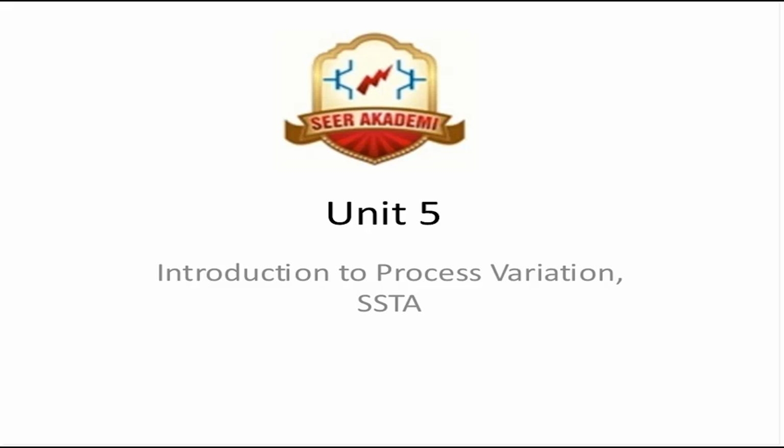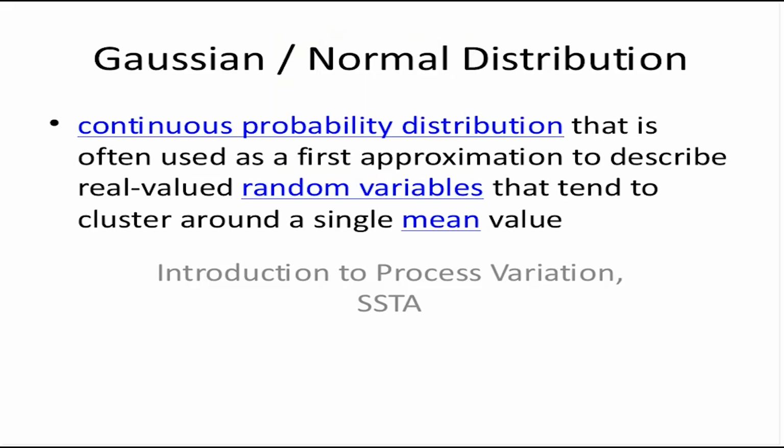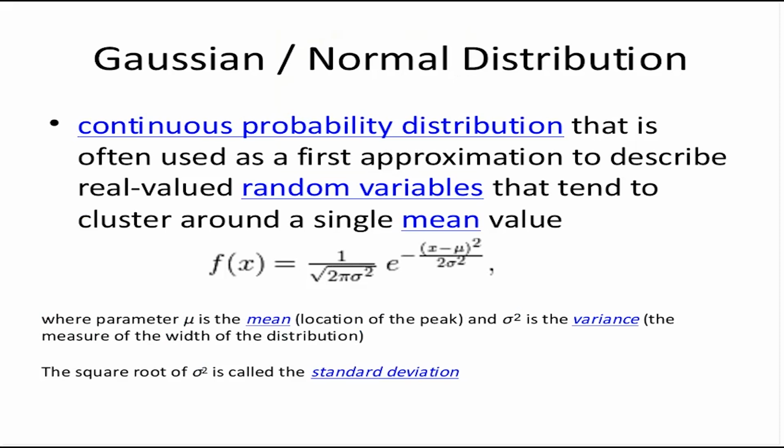We will see in this session why this is not sufficient, why this is proving out to be a lot more complex for technologies beyond 45, and what sort of technology is replacing it. Let's first look at a Gaussian and a normal distribution.